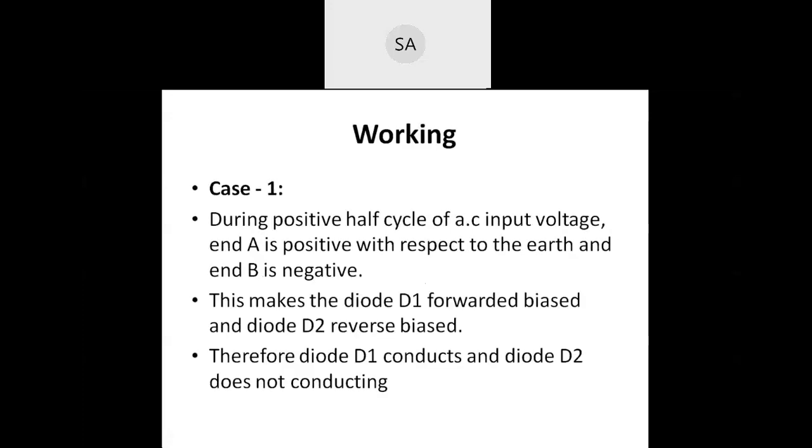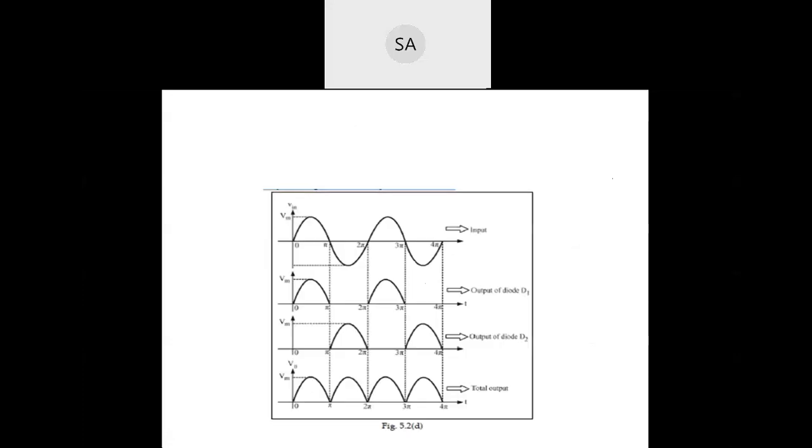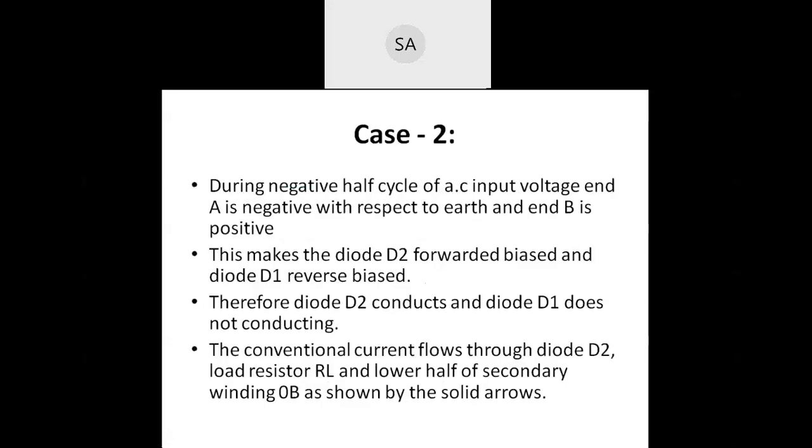So here are case 1 and case 2. The conventional current flows through the diode D2, load RL and lower half of secondary winding 0B as shown by the solid arrows. These are the two conditions where current flows in the center tapped full wave rectifier.